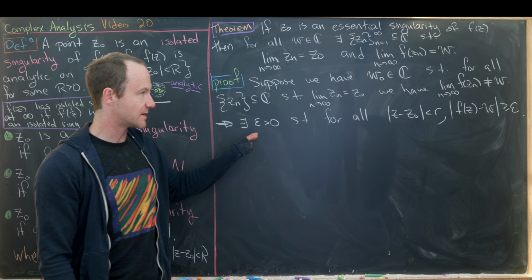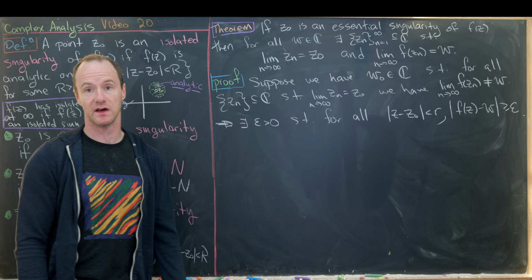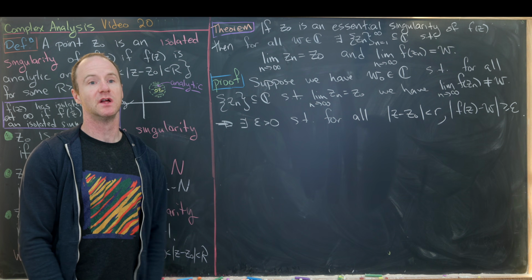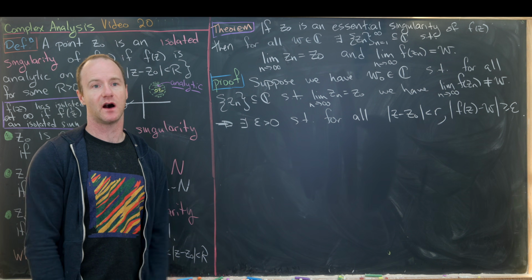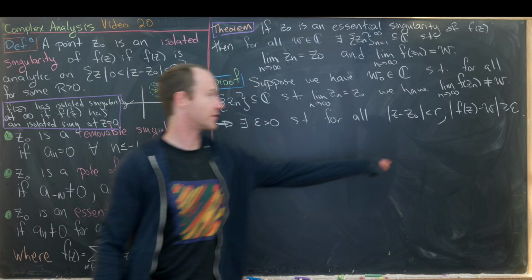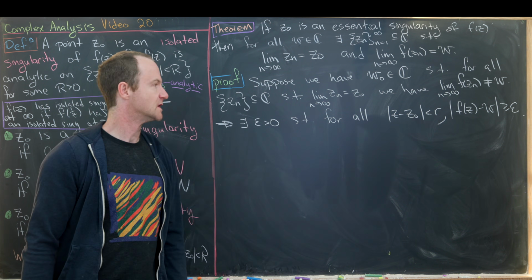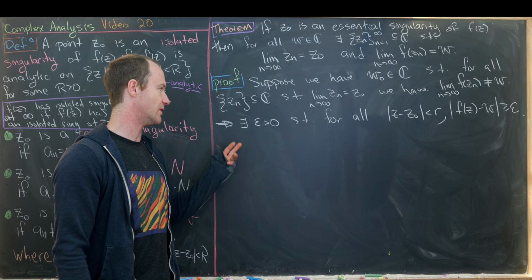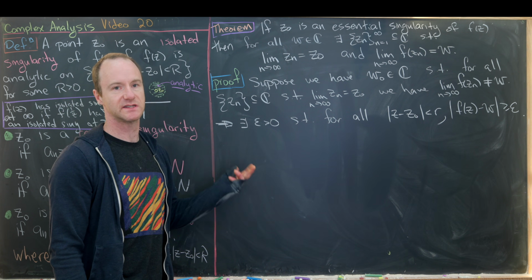So saying something does not converge via a limit means we can bound it away from that potential limiting value or that non-limiting value, if we will. And so that's what we have here. So let's notice that generally when you prove something has a limit, you have a for all epsilon and there exists a delta.